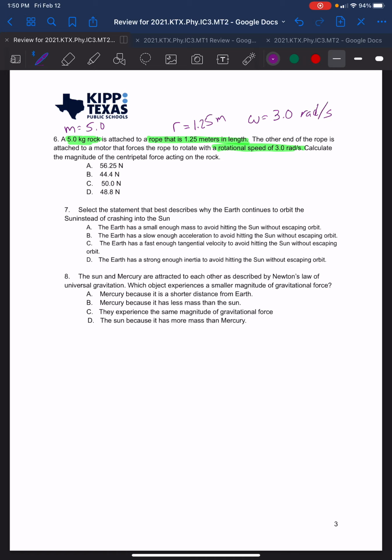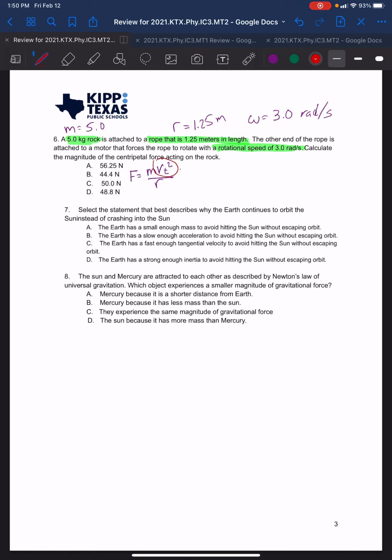All right, so they want to calculate the magnitude of the centripetal force acting on the rock. Well, our formula is force is equal to mass times tangential velocity squared divided by radius. Problem is, we have mass, we have radius, we have the rotational speed, but we do not have velocity.